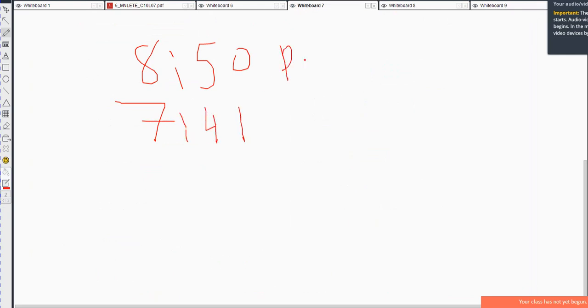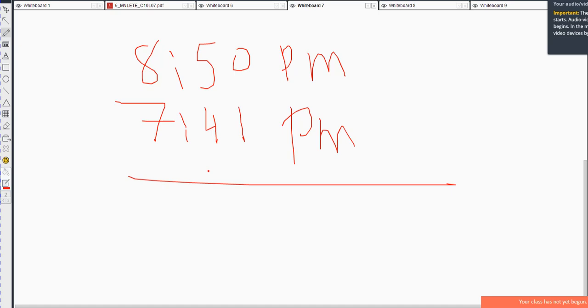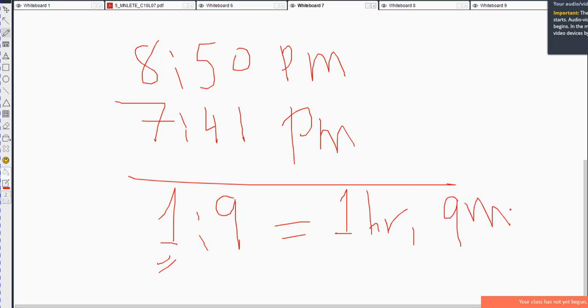Both of them are in p.m. format, so subtract them directly. 50 minus 41 equals 9, and 8 minus 7 equals 1. So it will be 1 hour and 9 minutes.